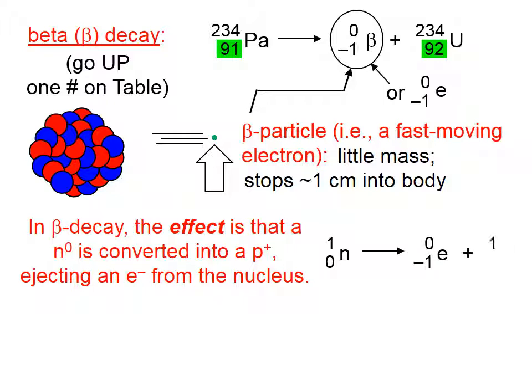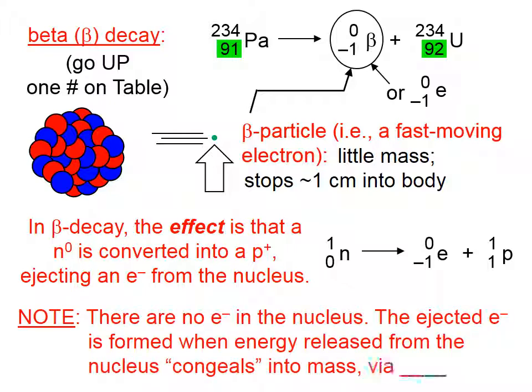On top we must have a 1, and what must we have on the bottom? Also a 1. What particle has a charge of +1 and a mass of 1? Well, shoot, that's a proton. As a note, there are no electrons in the nucleus, we believe. The ejected electron is formed when energy released from the nucleus congeals into mass via Einstein's relation E=mc².